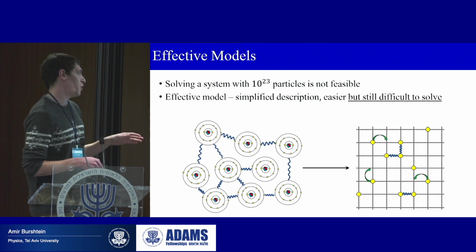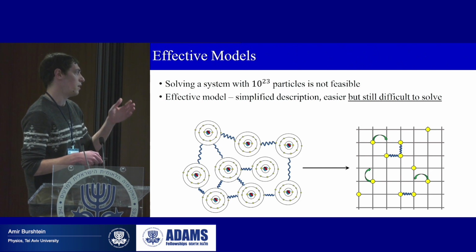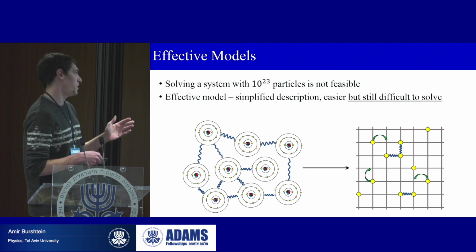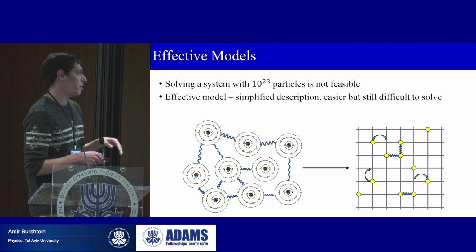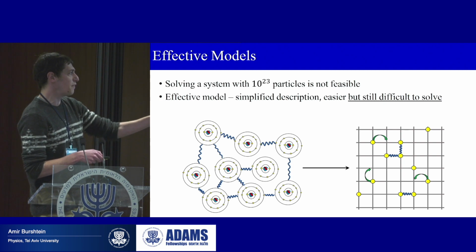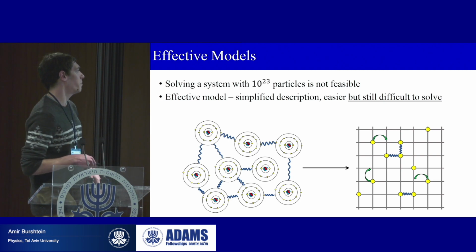And so a very prominent modeling in condensed matter physics of solids, at least, is thinking of these electrons and atoms as a system, as a lattice, essentially, a rectangular or any other type of lattice, where you have some electrons that can hop around, and there are interactions between the electrons. But the key point is that this model is significantly simpler than this microscopic model.